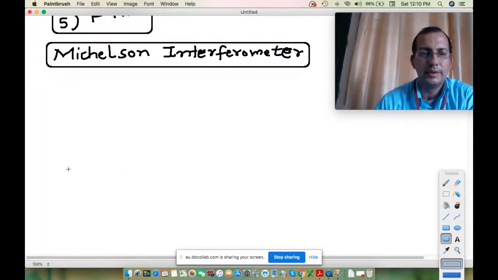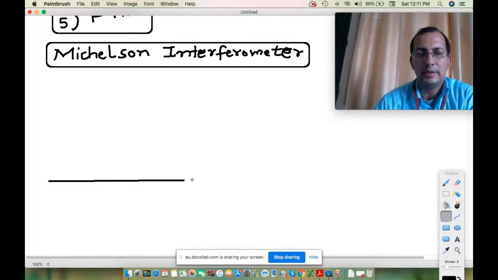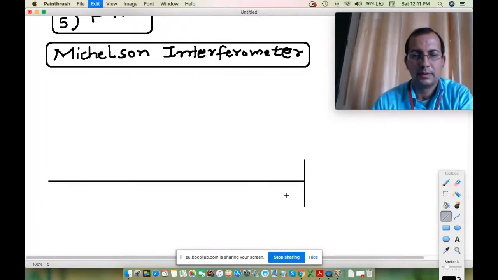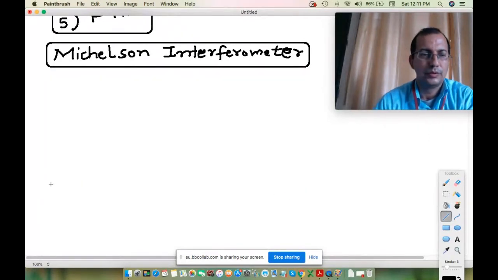So what do you have here initially? You would have a source of light, and this source of light will give you light, and that will go in this path here. Okay, and here you would have a mirror.